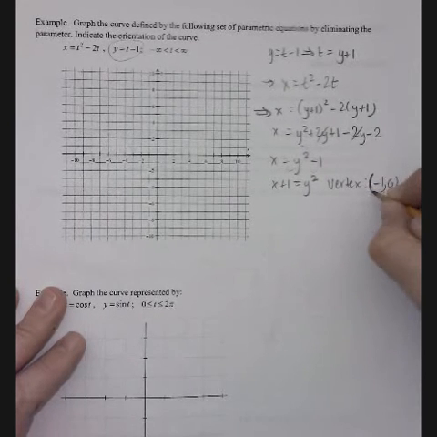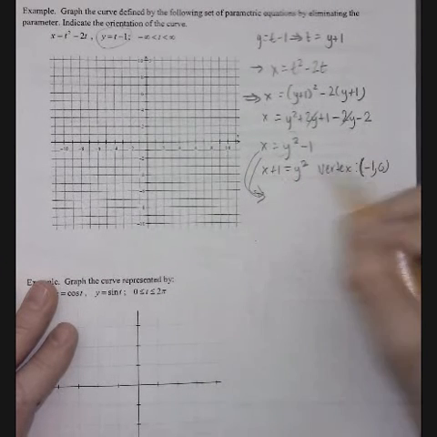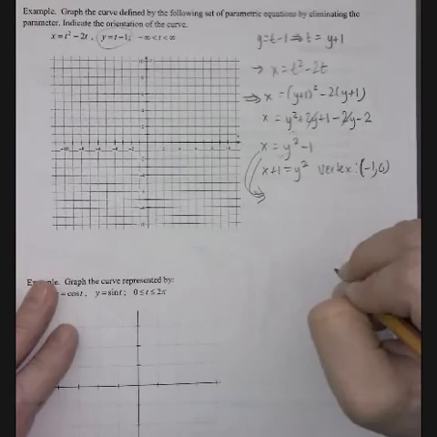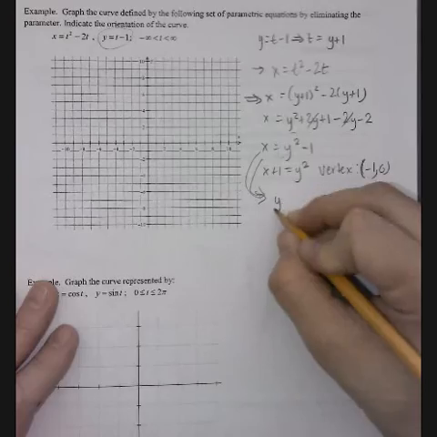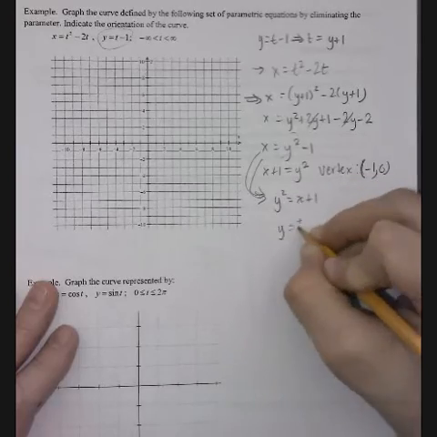You could also solve for y if you wanted to do probably what we would have done back in college algebra. y squared is x plus 1, so y equals plus or minus the square root of x plus 1.